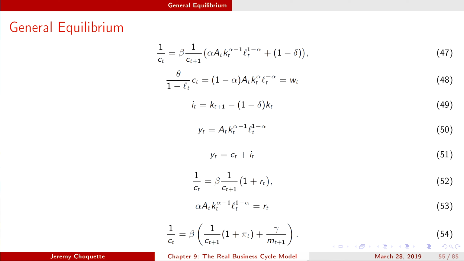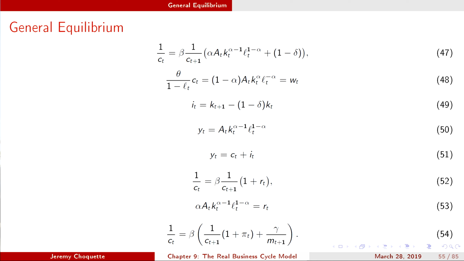So here are all the conditions for the general equilibrium. The first one is the Euler equation for capital, which is what you've seen before, except there's that L_t to the 1 minus alpha in there for labor, because now the production function is not just a function of capital, it's also a function of labor.